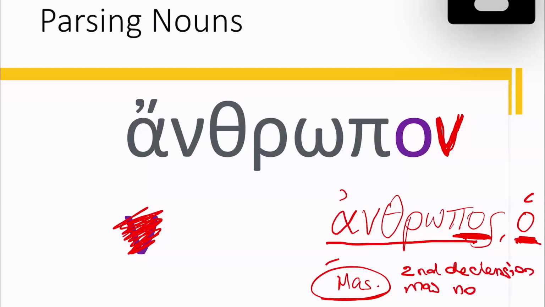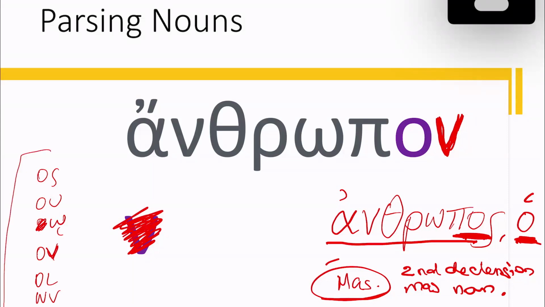And so I can now go to my chart with all those lovely endings: os, u, o, on, oi, own, ois, last one is us.